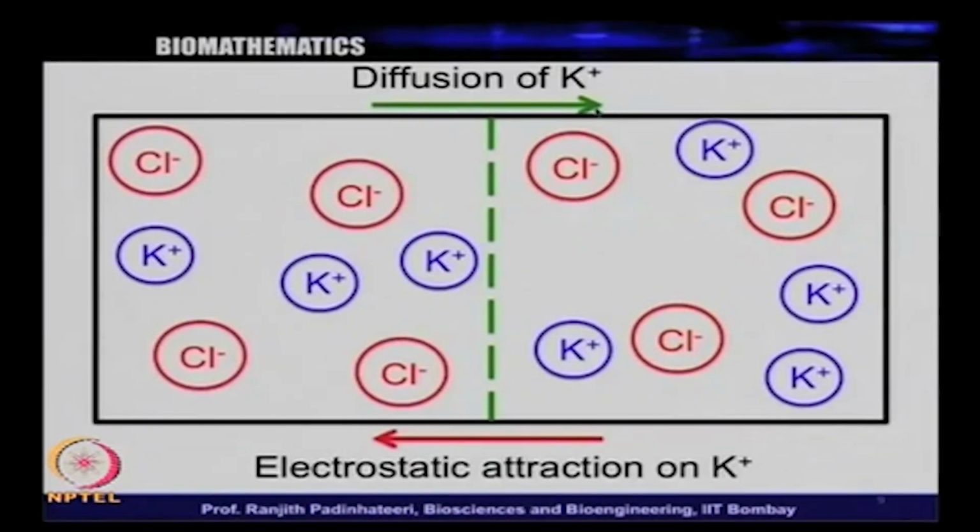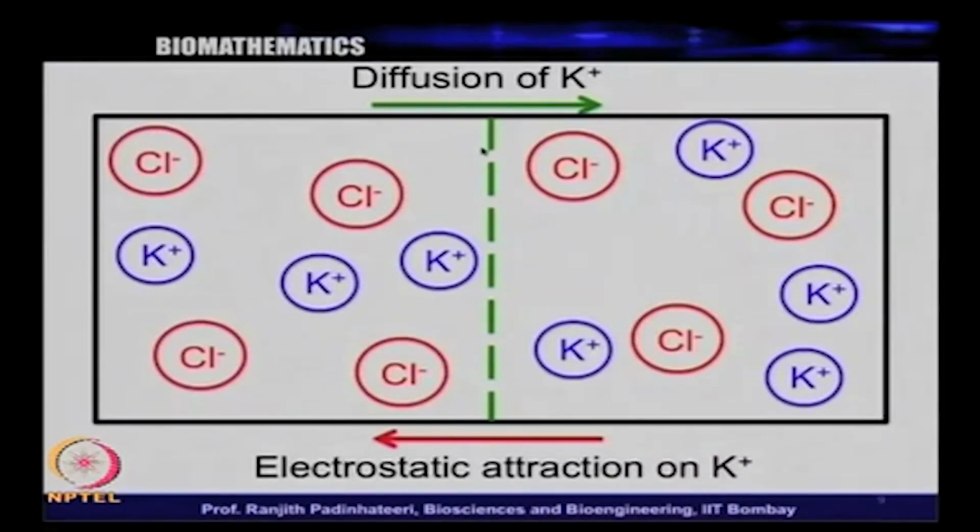As the concentration gradient leads to some flow in this way, more positive charge will build up here and more negative charge here, which will generate an opposite flow. So, there will be two flows, this way and this way.